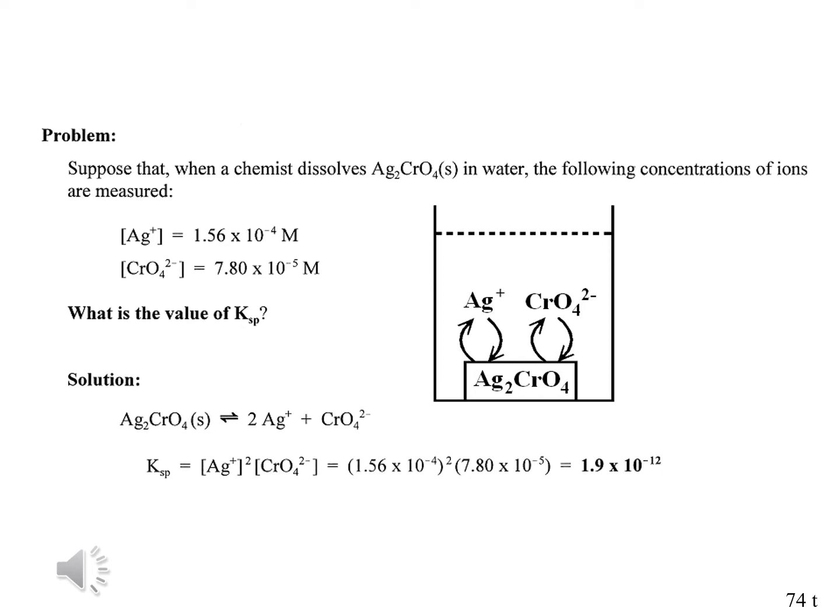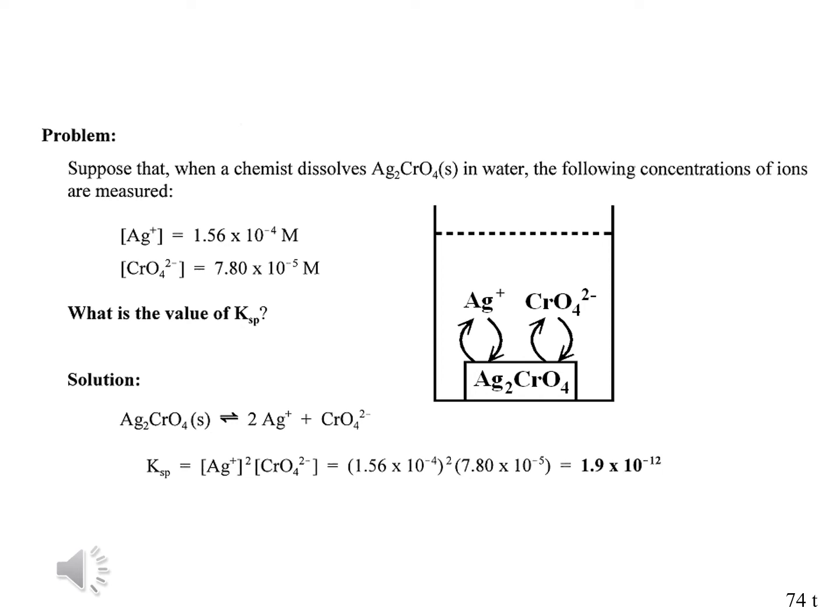And weigh it again. Whatever the difference is, that's how much dissolved. So if you put in 1 gram and after dissolving you now have 0.9 grams left, you know that 0.1 gram dissolved. And from the amount that dissolves, you can calculate what the concentration of each ion is in solution. In this case, I gave what the concentrations of silver and chromate would be. You can't get more of them to dissolve by adding more of the solid because the solution is already saturated.